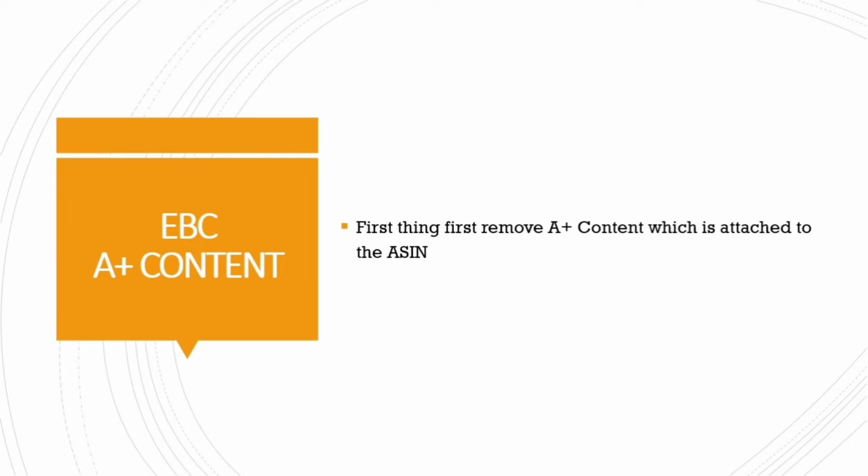And Amazon will not edit your content until your A plus content is removed. So this is the first thing you need to do: remove your A plus or EBC content straight away as soon as you receive your trademark infringement complaint on a particular product and listing.